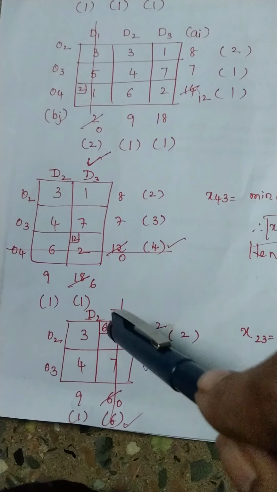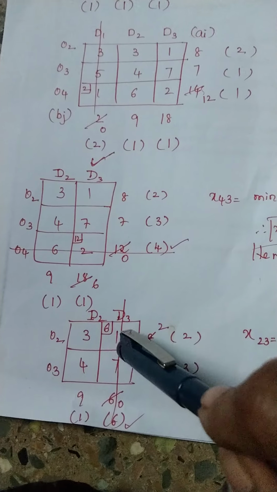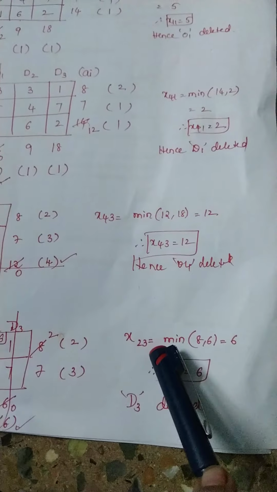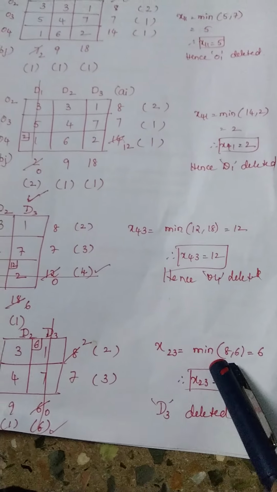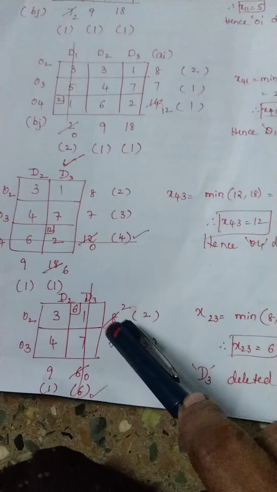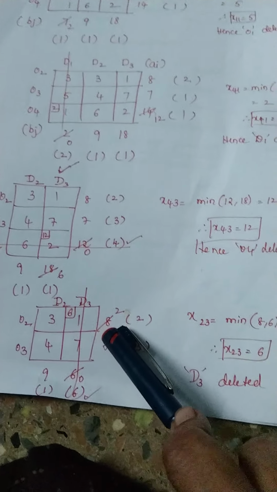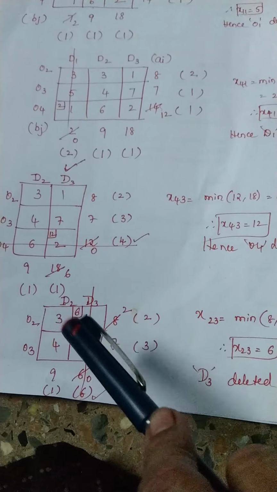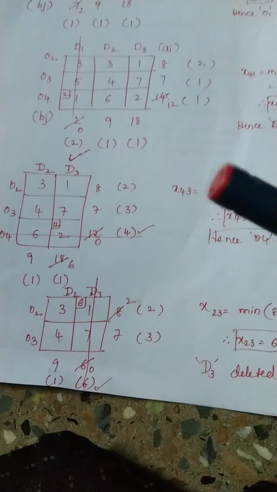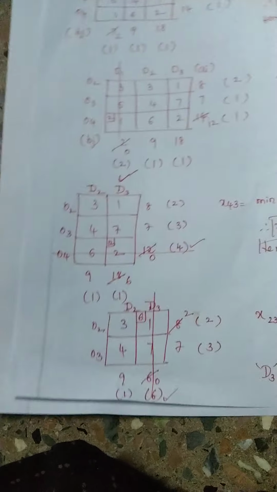Under D3, what is the least value? 1, in the cell O2 D3. So x23 equals the minimum of 8, 6, which is 6. So we give the value x23 as 6. Hence D3 is deleted.